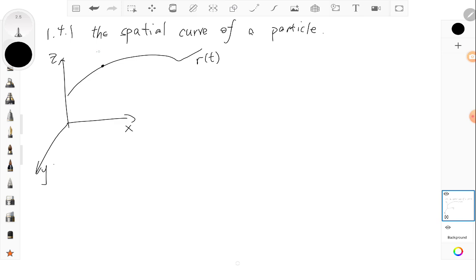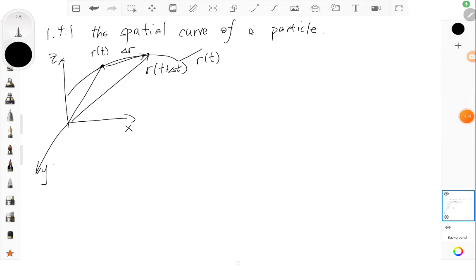At time t, its position was r(t), and at time t plus delta t, its position was r(t plus delta t). So during this time, it experienced a movement of delta r.